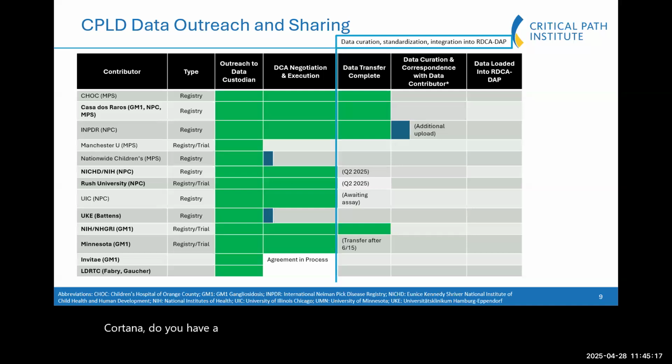So then it becomes a manpower and financial limitation. So there's multiple reasons that this is slowed down, and why we're still struggling in some aspects, even with executed data contribution agreements, to get the data curated into the DAP.